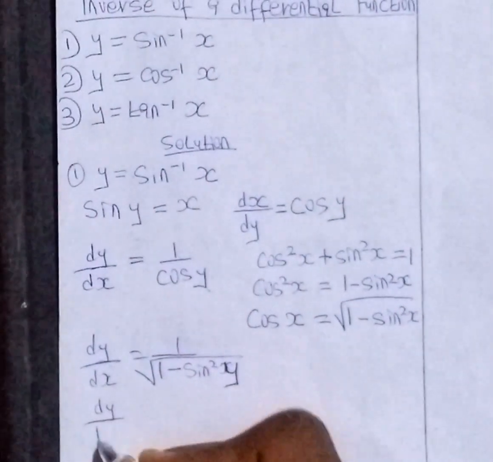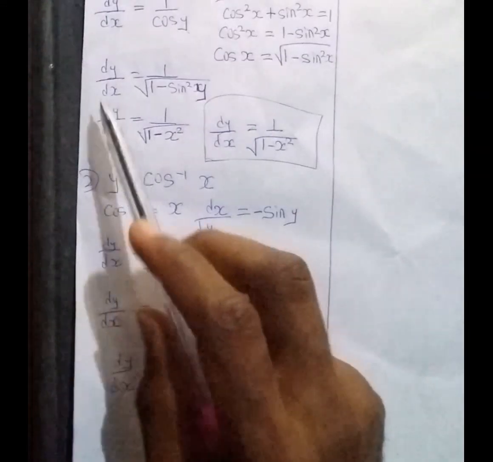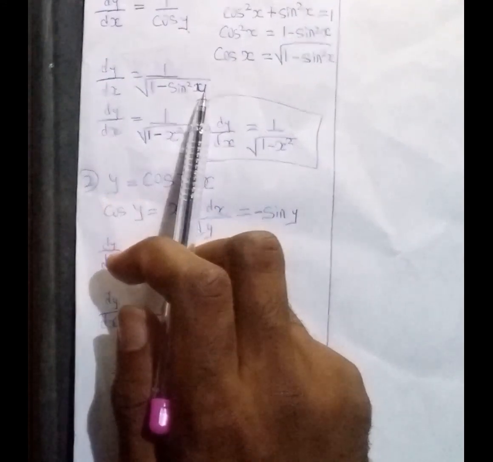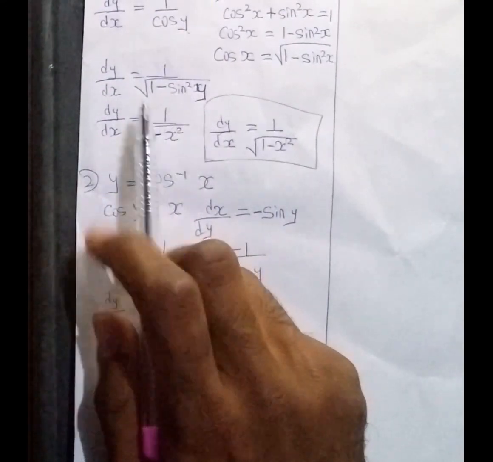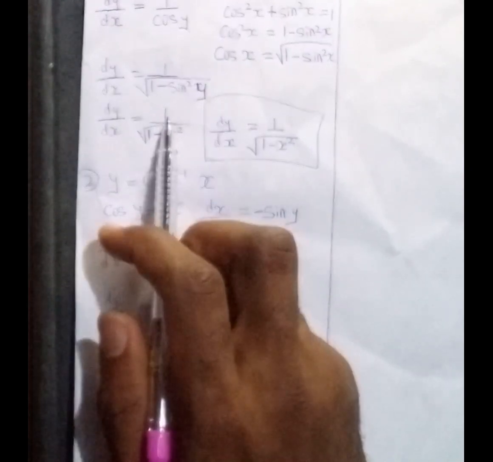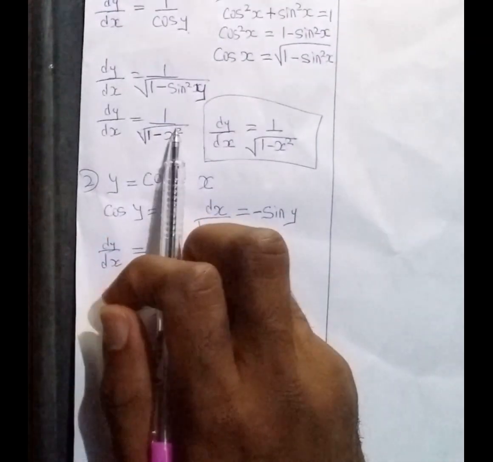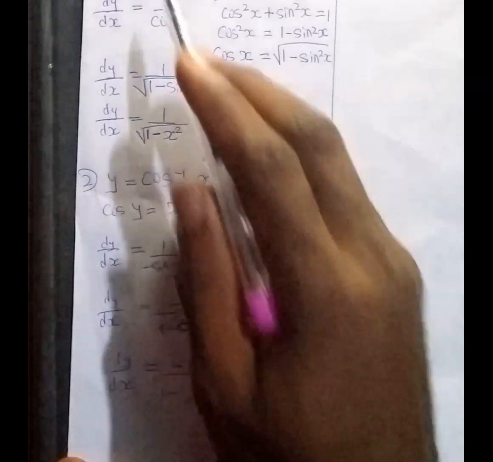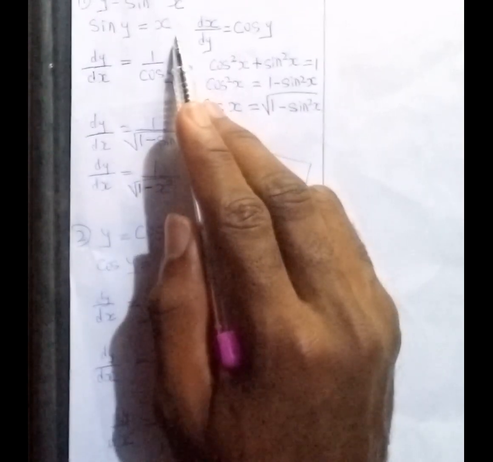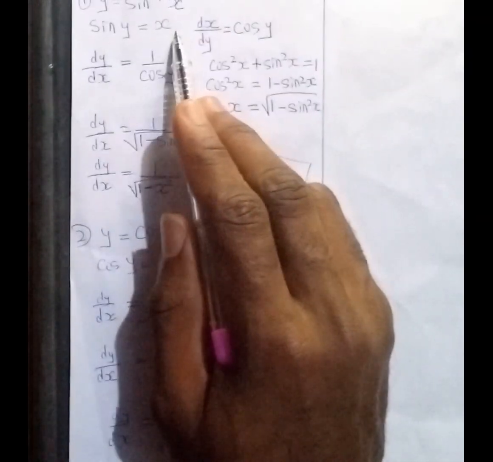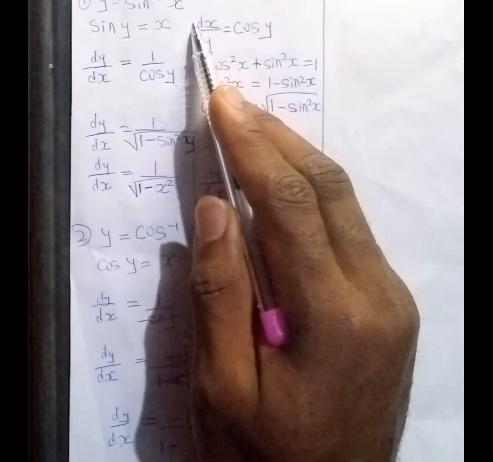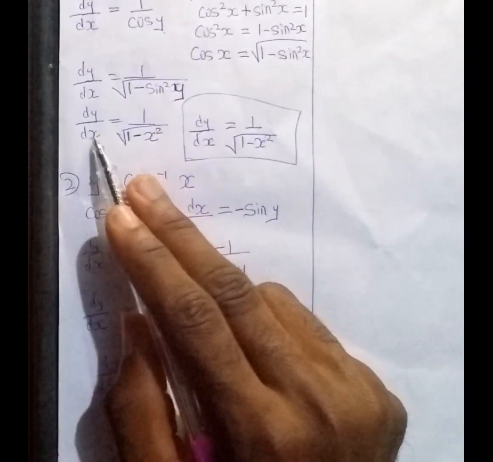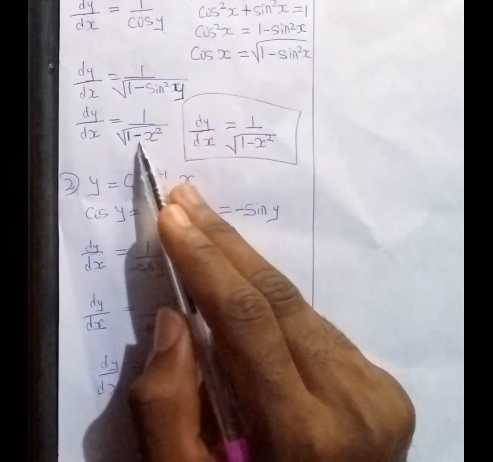So dy/dx will be 1 over the square root of 1 minus sine squared y, and since sine y equals x, sine squared y will be x squared. So dy/dx is 1 over the square root of 1 minus x squared.